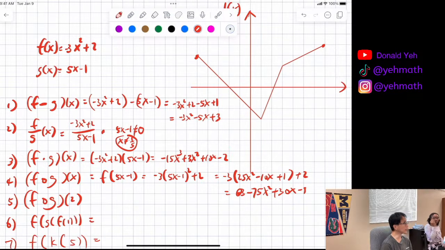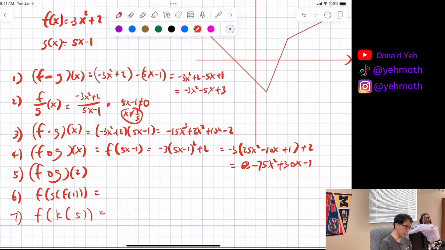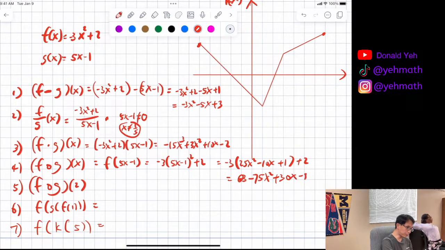Do you guys get that? Yes. The bottom cannot equal 0. I'm gonna finish this so that way you know. F of g of 2. That's 9.